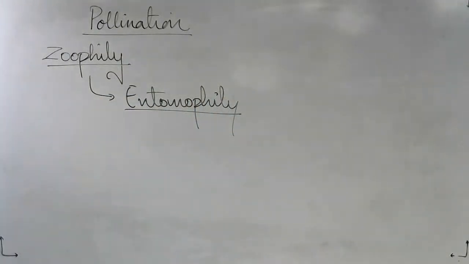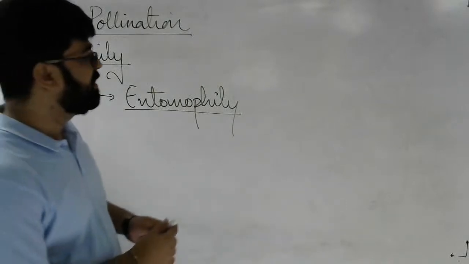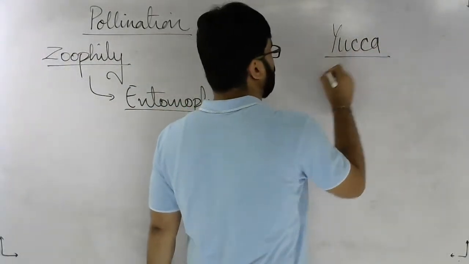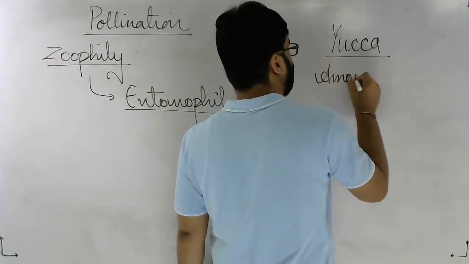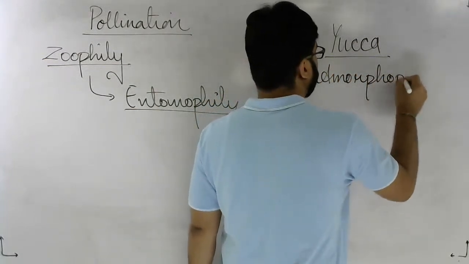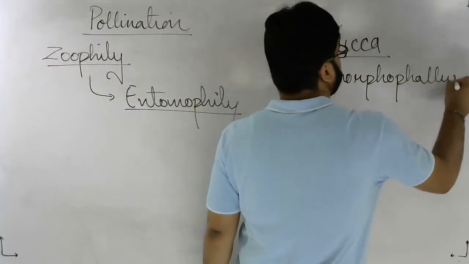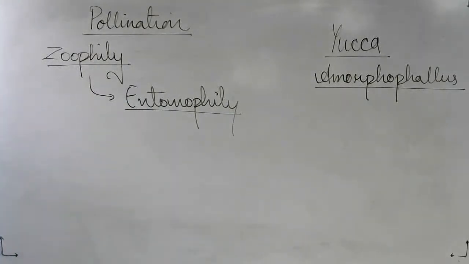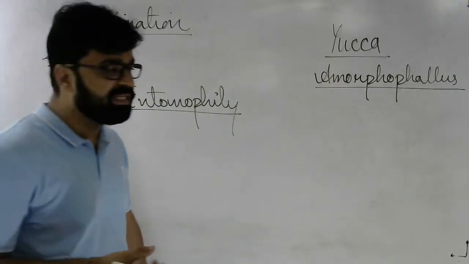Examples of this, as I told you last time, of an egg laying environment are yucca and amorphophallus. These are the two plants which are providing a favorable environment for egg laying to the insect, right?